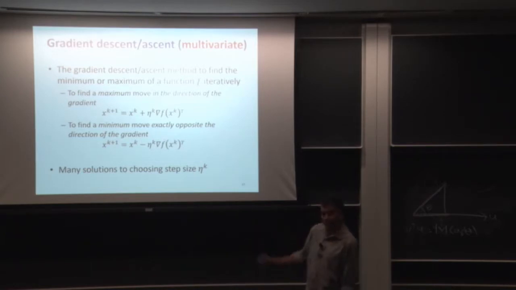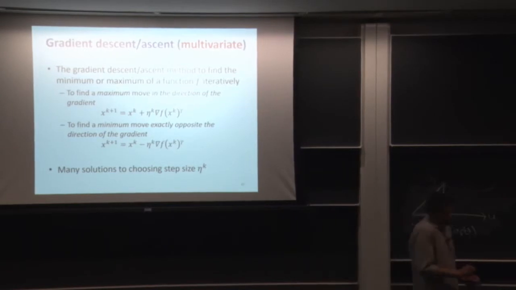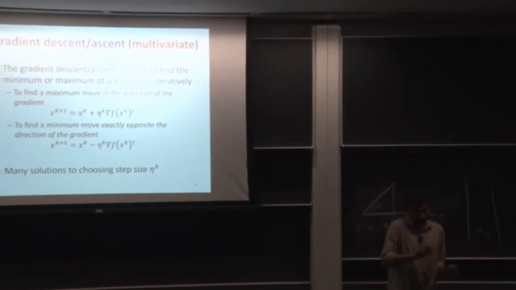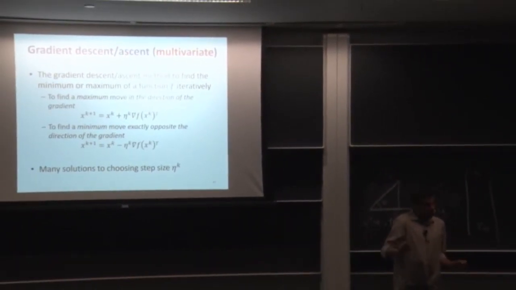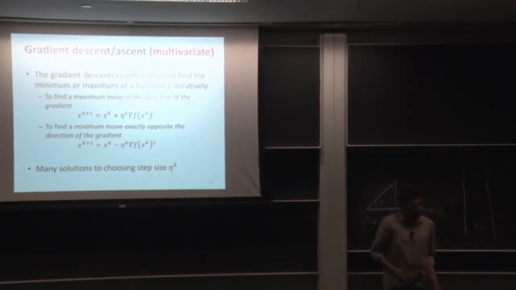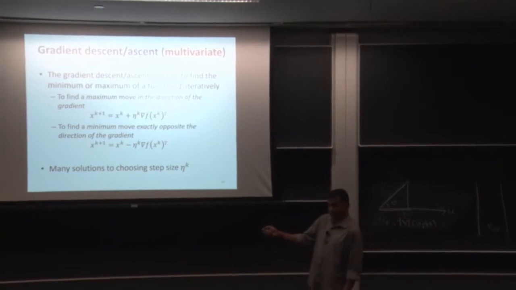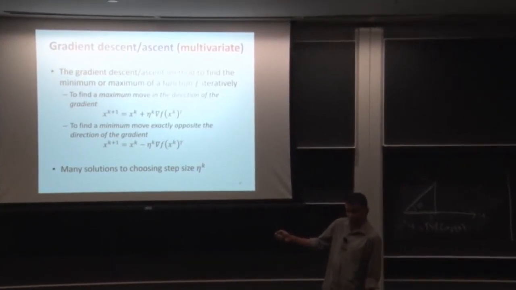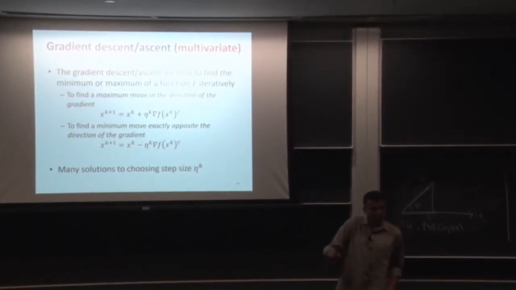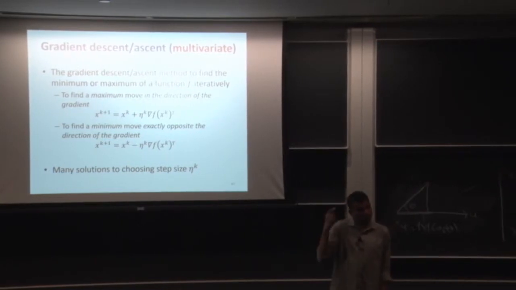Now observe the transpose over here. Why do I need the transpose? Because the way I defined it, a gradient was a row vector, and I want to align it up with my vector x. You might see different variants of this algorithm where there's no transpose, that means they're thinking of the gradient as a column vector. But thinking of the gradient as a column vector will cause problems when we apply the chain rule. We'll see that later.